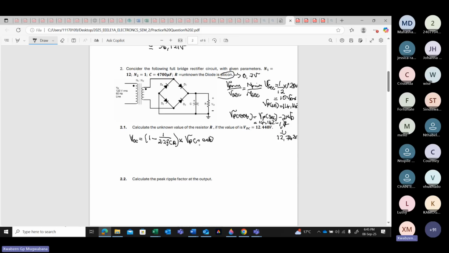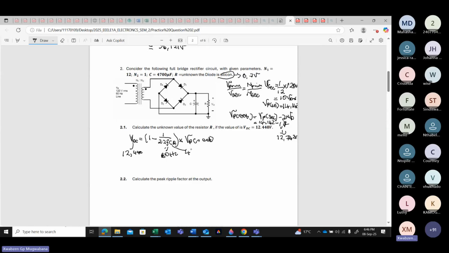Now I know what is V peak rectifier. I know what VDC is. VDC is 12,440. What is my frequency? It's 60 hertz. What is my capacitance value?